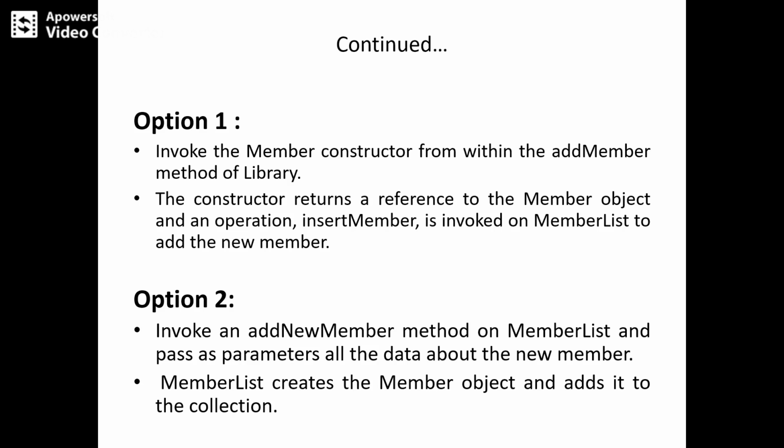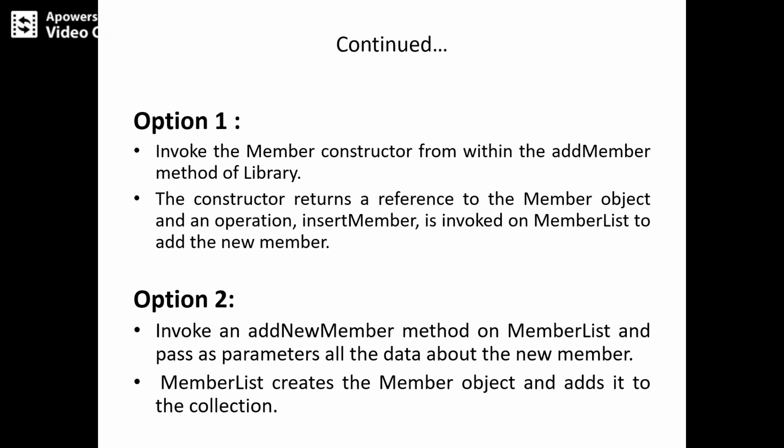What is the purpose of the member list class? It serves as a container for storing a large number of members, adding new ones, removing existing ones, and performing search operations. The container should not concern itself with the details of a particular member, especially its attributes.